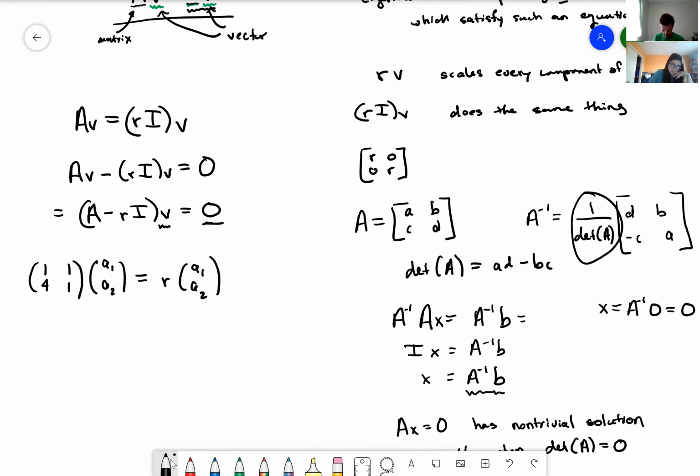This was precisely the eigenvalue eigenvector problem. If we can solve this thing, then we can figure out the value of R. That will be our eigenvalue. It's useful for getting used to the names of all of these things before you have to take it.